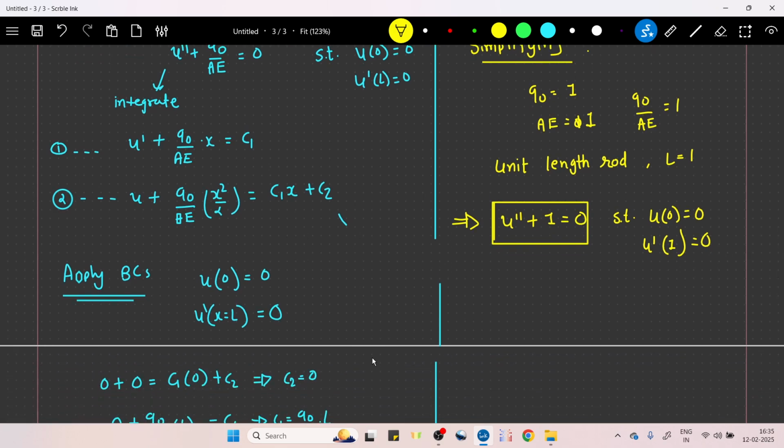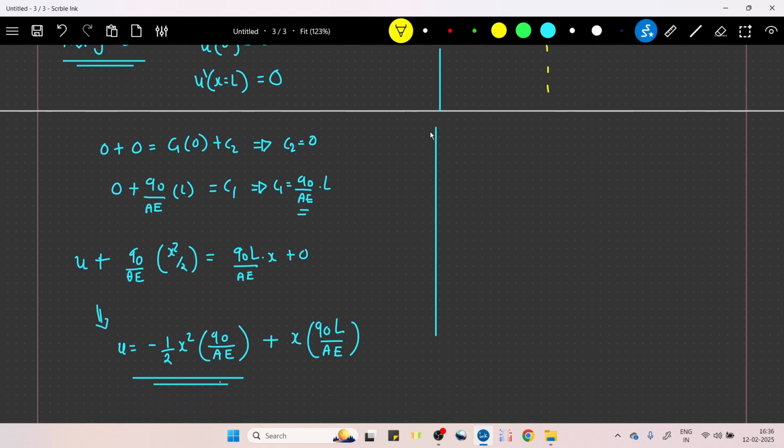If I solve for this, my solution u of x will be: this term becomes 0, q0 by AE equal to 1, and this term is also 1.